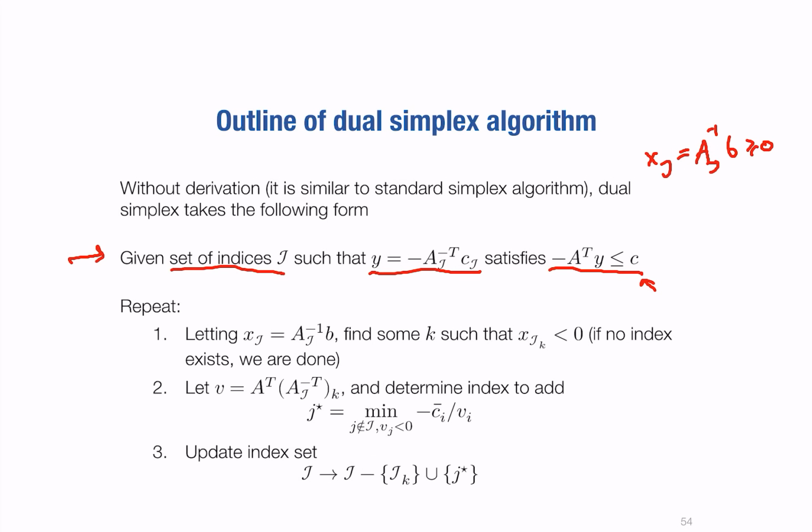So in theory, it's no easier to find this set of indices than this set of indices. But in some cases, finding one is easier than finding the other.